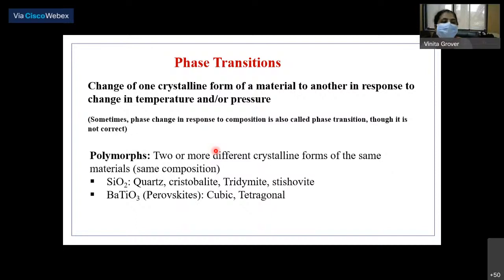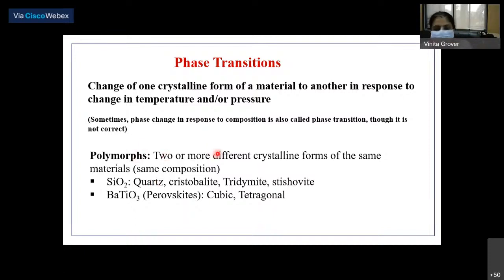However, here the phase change was happening in response to composition. Many a time, change in phase in response to composition is not considered in the category of phase transitions when we are studying them. Otherwise, that is also as good a phase transition.